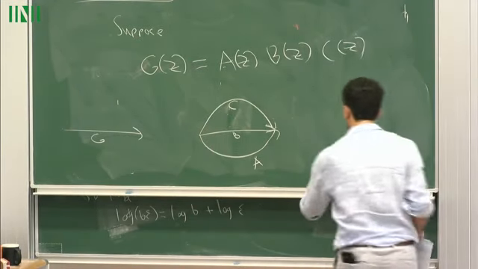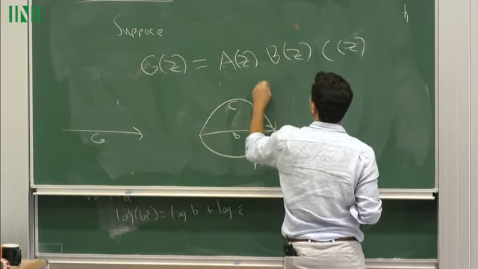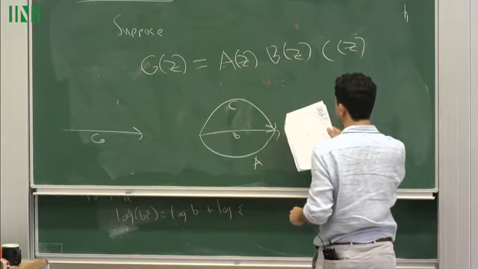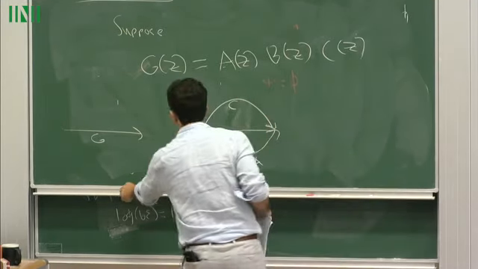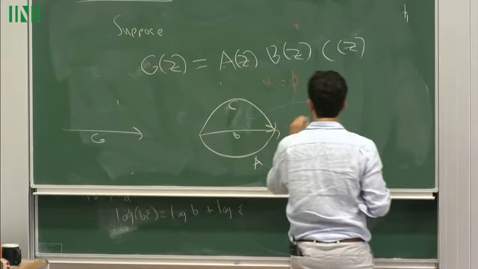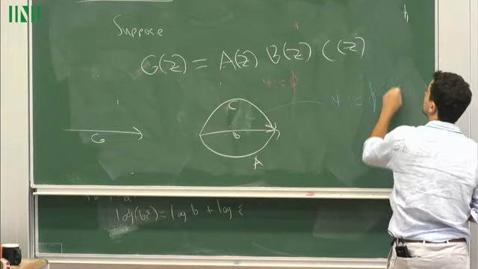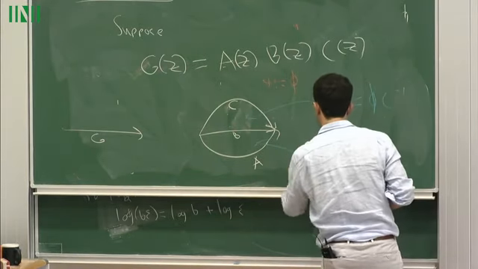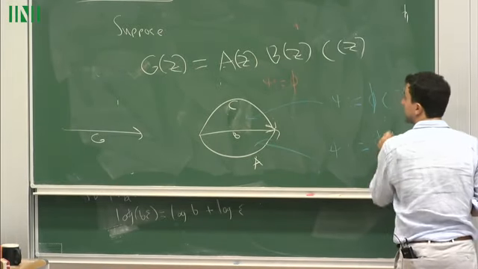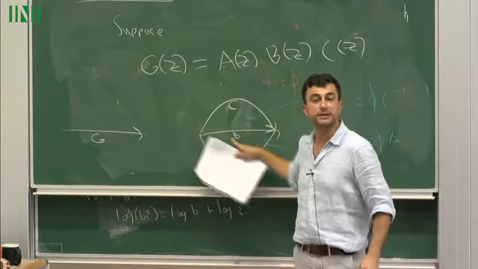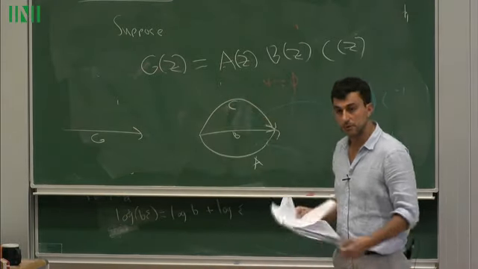This is just very similar to what I wrote before. We just say psi is phi outside of here, and then in there it's going to be phi times C inverse, and then in here psi is phi times A. So provided that A is analytic in this region and C is analytic in this region, we're allowed to do this.